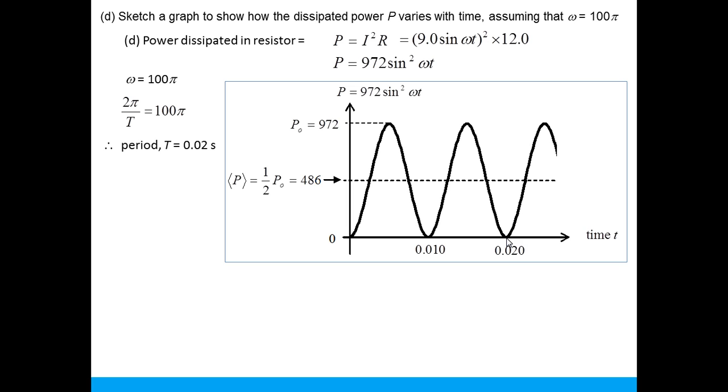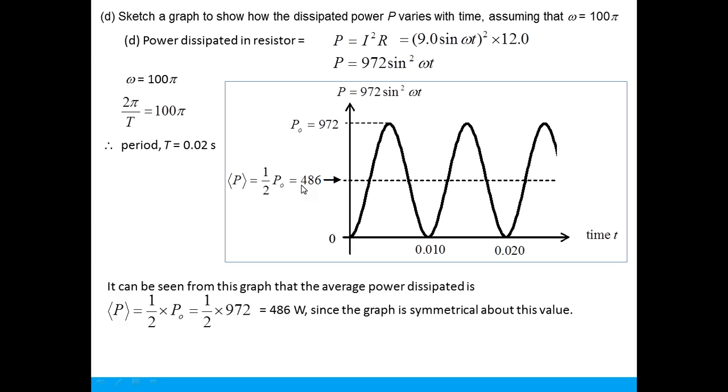Right? So 2 cycles of power is equal to 1 period. Notice also that the peak power is twice the value of the average power. Okay, and all these are true only for a sinusoidal alternating current.